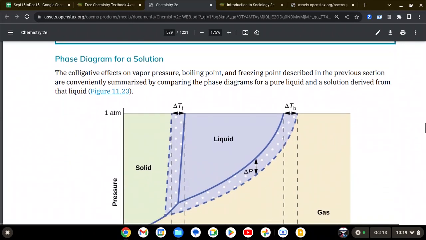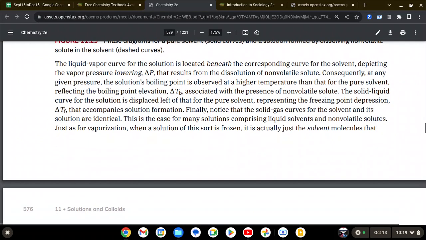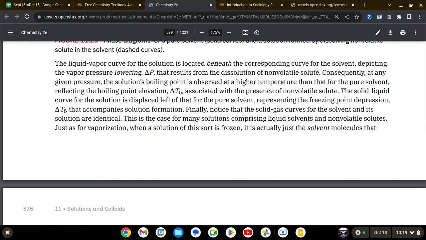Phase diagram for a solution. The colligative effects on vapor pressure, boiling point, and freezing point described in the previous section are conveniently summarized by comparing the phase diagrams for a pure liquid and a solution derived from that liquid. The liquid-vapor curve for the solution is located beneath the corresponding curve for the solvent, depicting the vapor pressure lowering, delta P, that results from the dissolution of non-volatile solute.